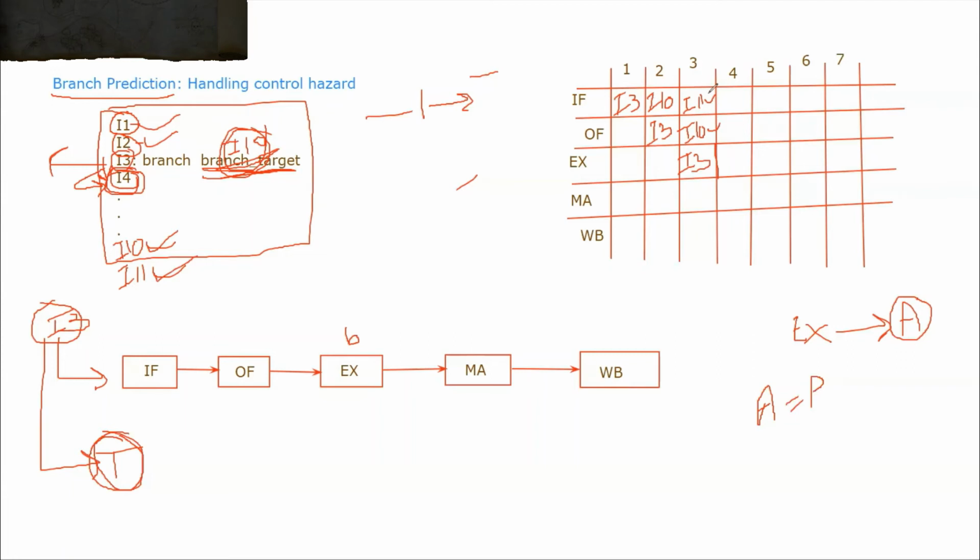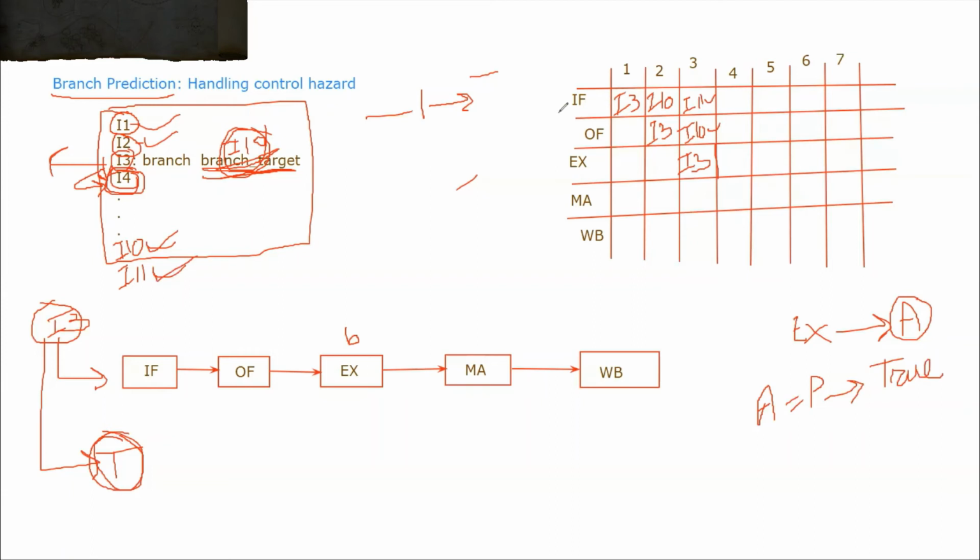So if my prediction is true, then we have saved two cycles of penalty, because in the previous case, whenever we had a branch instruction, we had to wait for two cycles. Our fetch stage was frozen for two cycles in the previous scenario, but here we are not freezing the fetch stage.